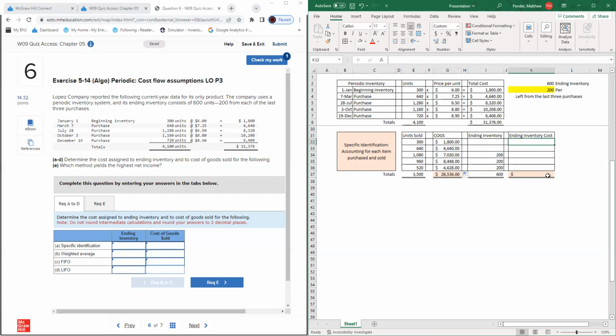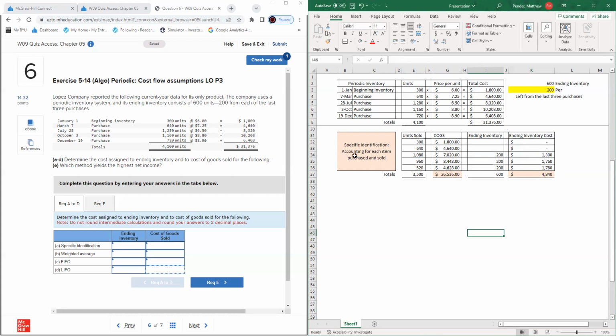And then ending inventory cost is whatever my total for ending inventory is multiplied by the price per unit. So this equals ending inventory times price per unit. Obviously, we don't have inventory left over for some, but I can click and drag this down and it tells me this 200 multiplied by the price of goods purchased at that time.